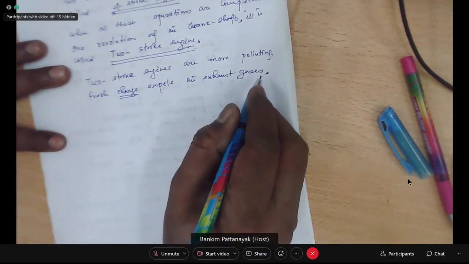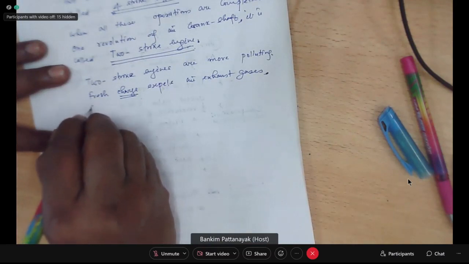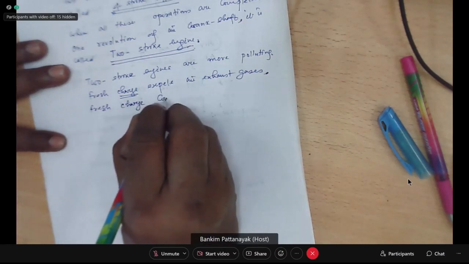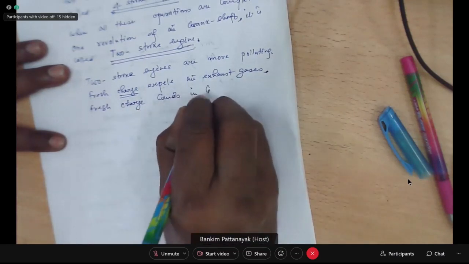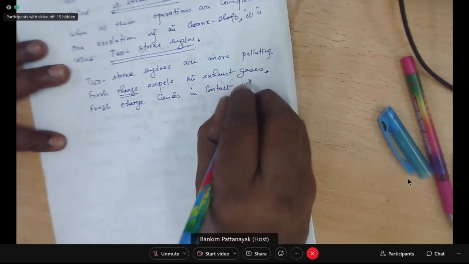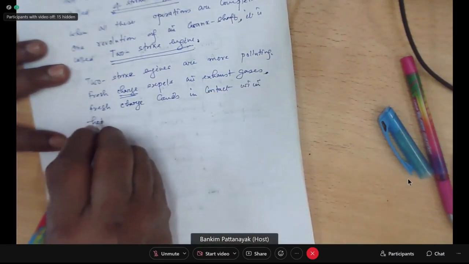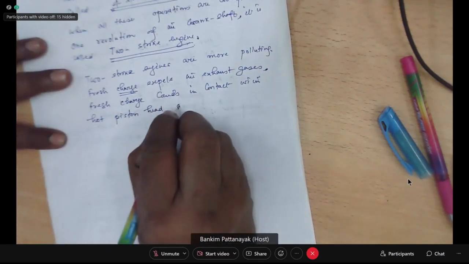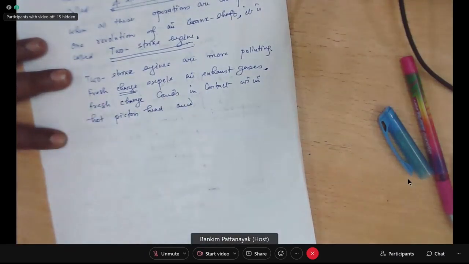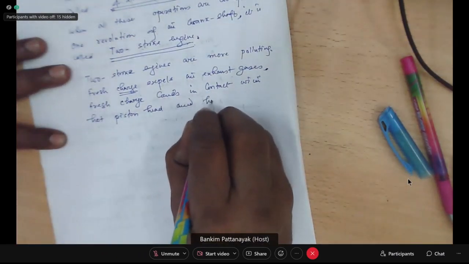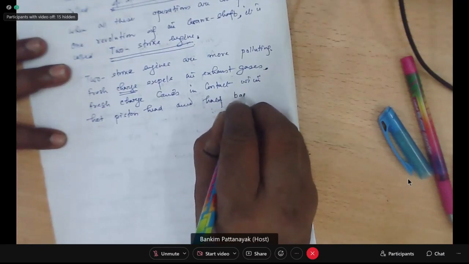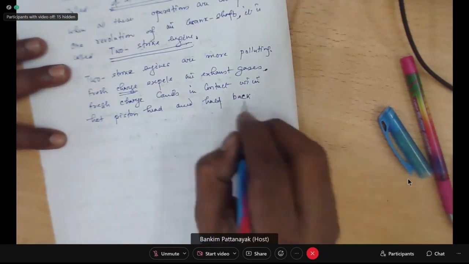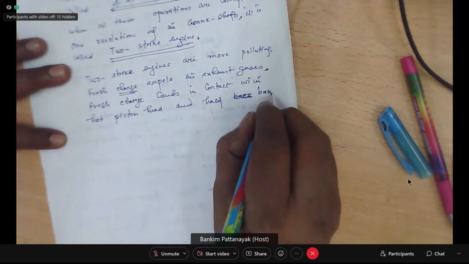When fresh charge expels the exhaust gases, fresh charge comes in contact with the hot piston head and becomes half-baked.